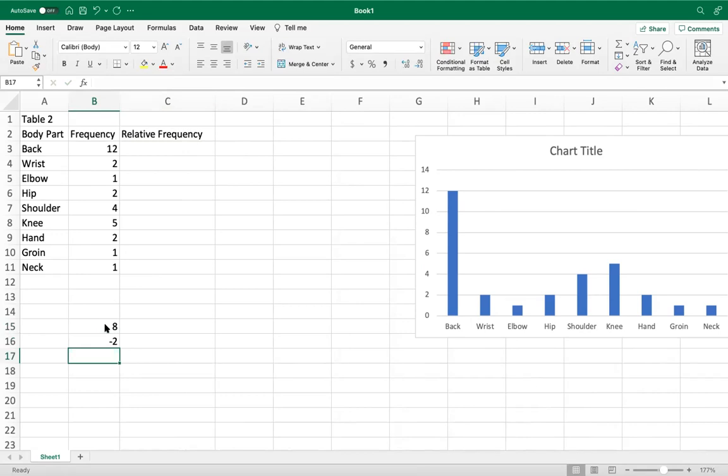It gives us -2, cool. That was addition and subtraction. For multiplication, the command we're going to use is the asterisk. So we could do 3 times 4. Shift 8 for that asterisk. So 3 times 4 gives us 12.